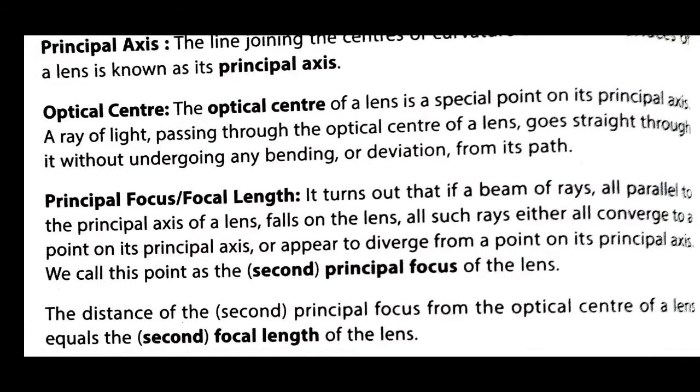But if the ray is incident through the optical center, then there is no deviation in such a ray. It means if a ray is incident through the optical center, then it passes in a straight path without any deviation.